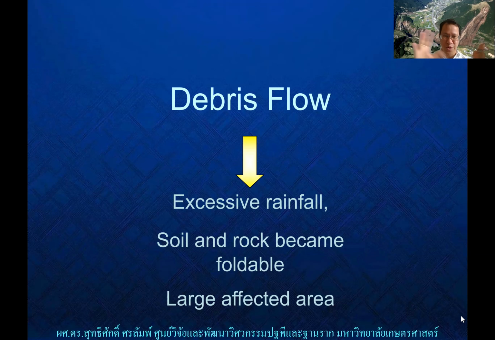We call the lump of those materials debris, and it flows like water because a lot of water is added to the material from the heavy rainfall. This kind of landslide, the debris flow landslide, can affect a very large area and is very dangerous.